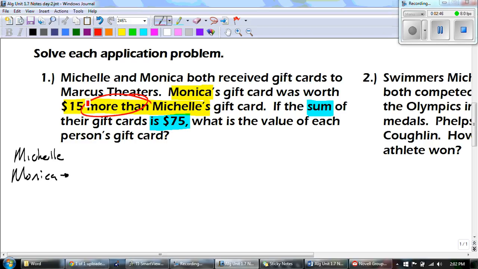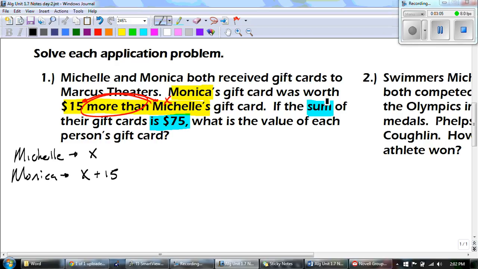So remember, more than, we have to switch. If I don't know Michelle, Michelle is going to be x, and then 15 more than x would be x plus 15.